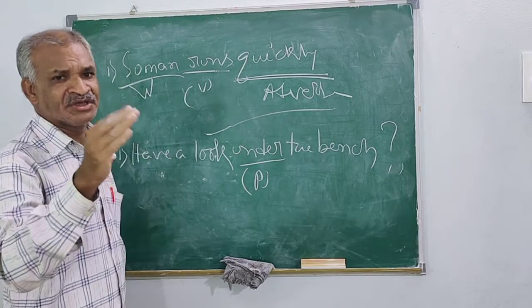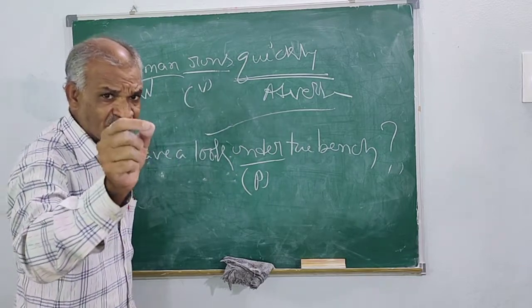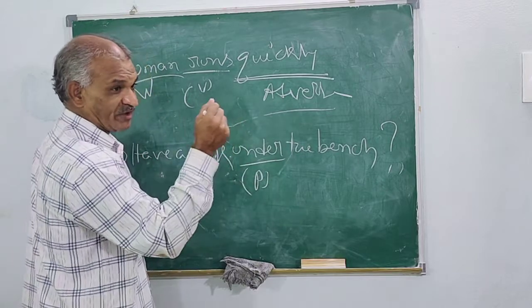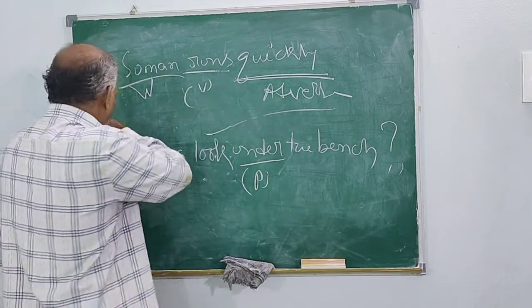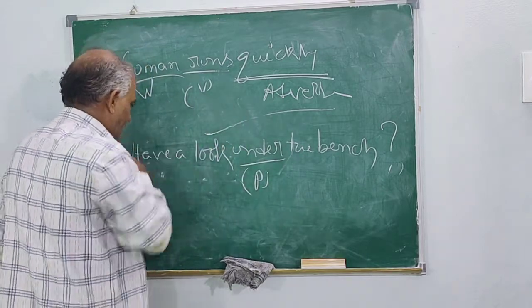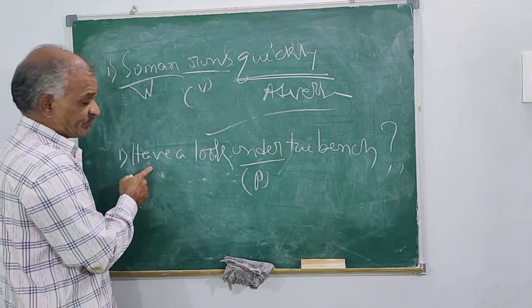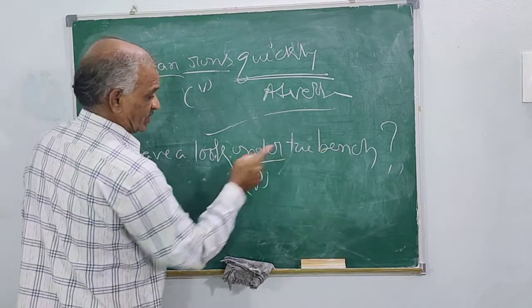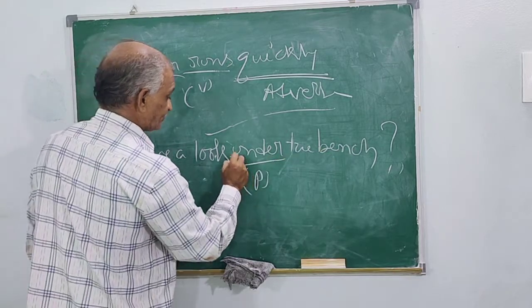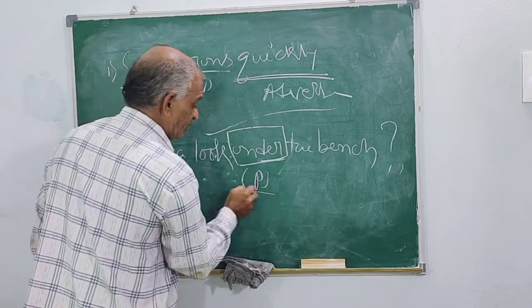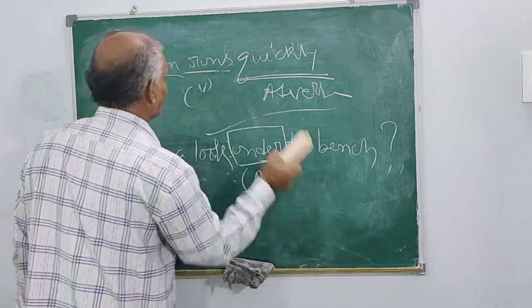Just give the answer to my question. What is my question? Under is what? I am not asking about this one and this one. I am just asking what is this? So your answer must be about this. Clear?